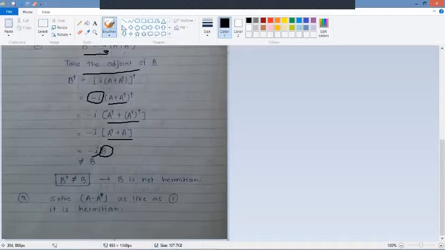So it is not the same as the original. The conjugate of B is not equal to B, so it is not Hermitian.